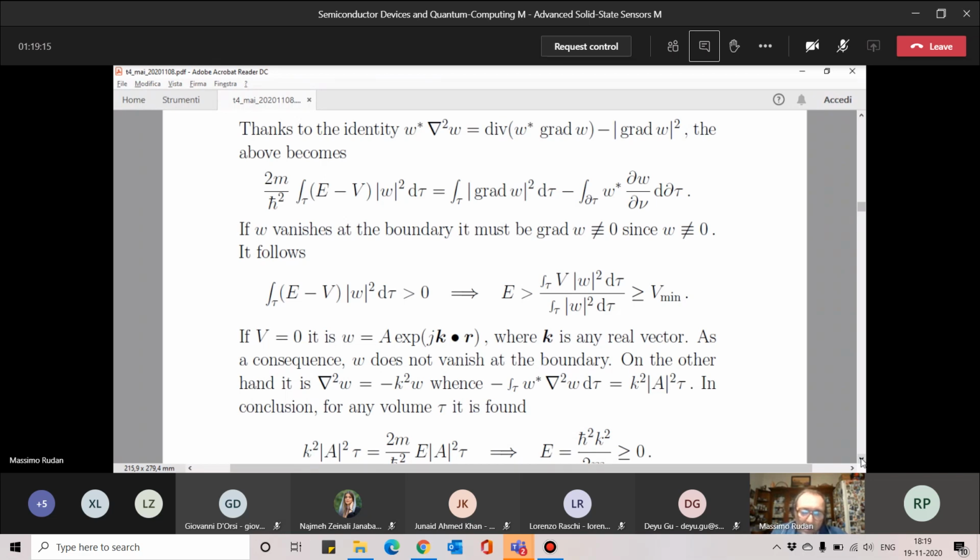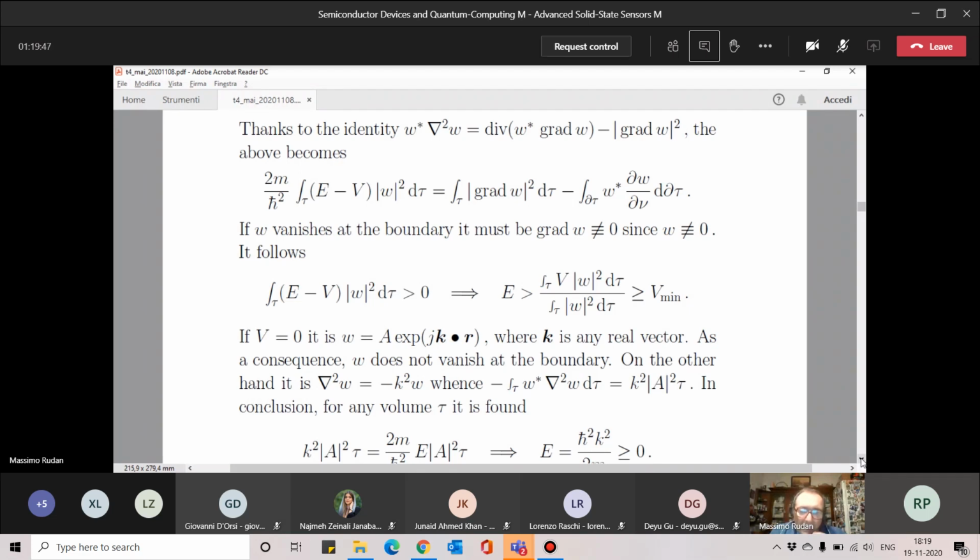If W is non-zero inside the volume, but it becomes zero at the boundary, then the gradient must be different from zero inside, okay, in order to make this possible. So the gradient is strictly different from zero, so the square modulus of the gradient is strictly positive.